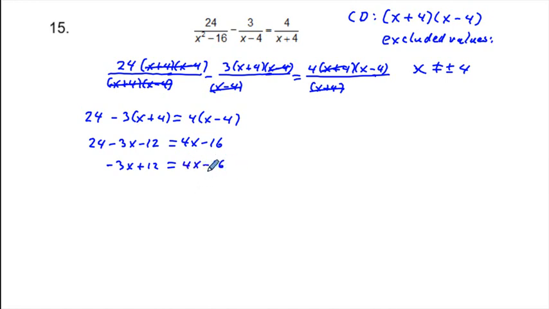And now we're going to get rid of this 16 by adding 16 to both sides, plus 16. And then we're going to add 3x to both sides here. So what we have left is 28 on the left side is equal to 7x. And dividing by 7, x is equal to 4.